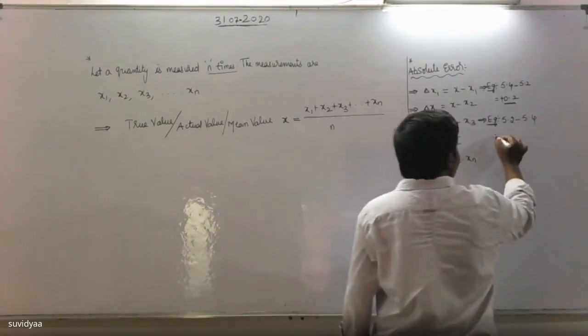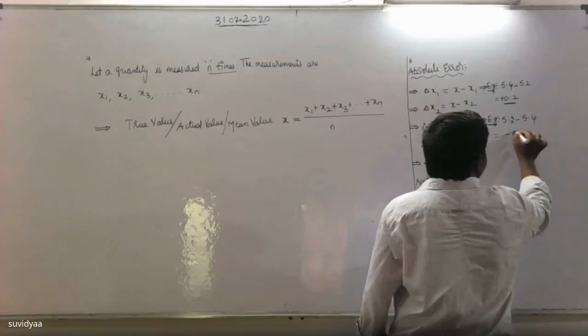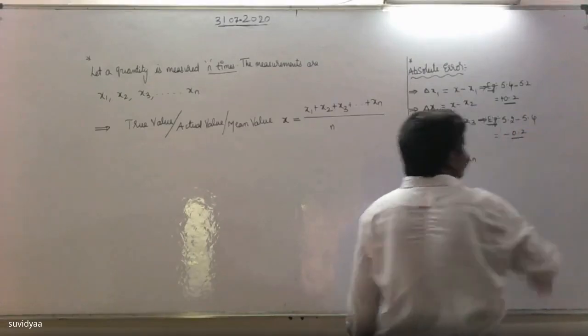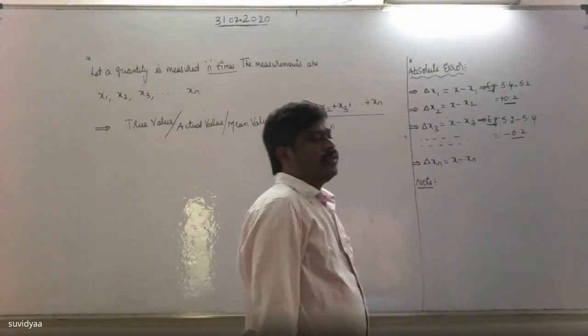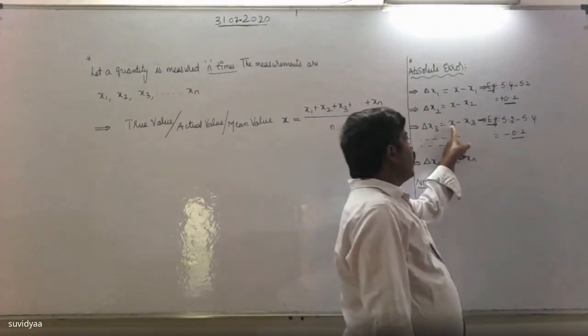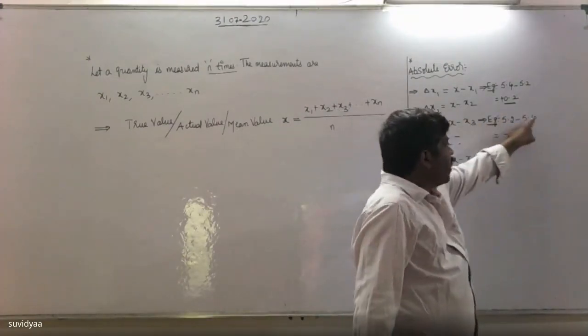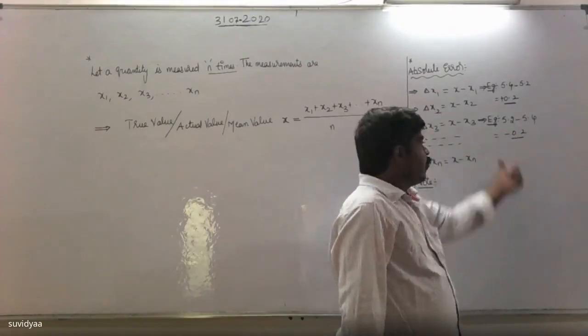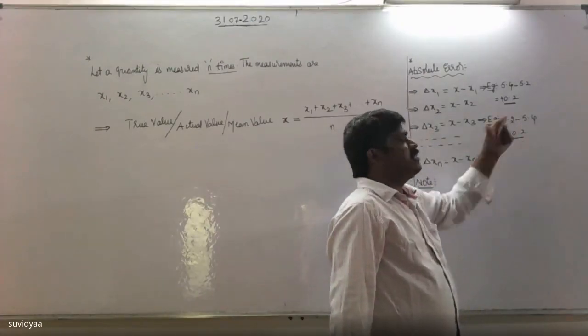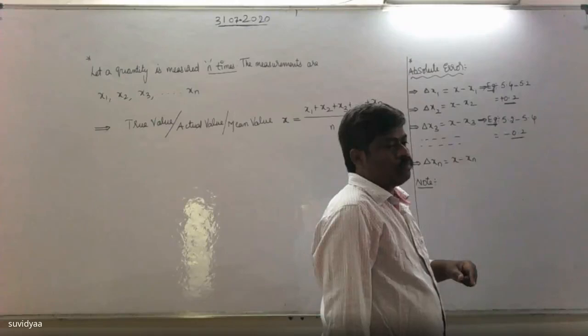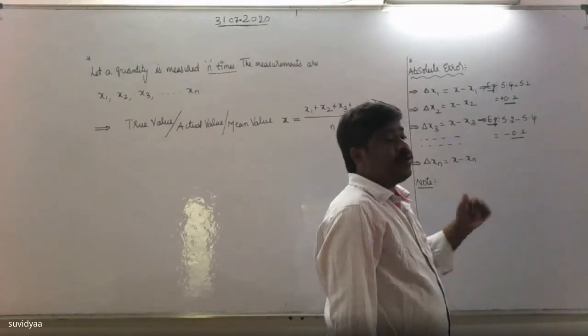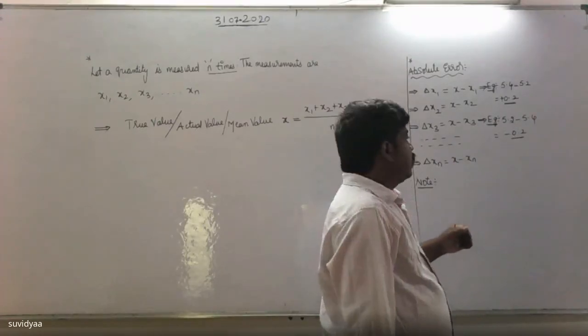So what you are going to get here is minus 0.2. Suppose x value is 5.2, x3 value is 5.4. Then the answer you are going to get is minus 0.2.